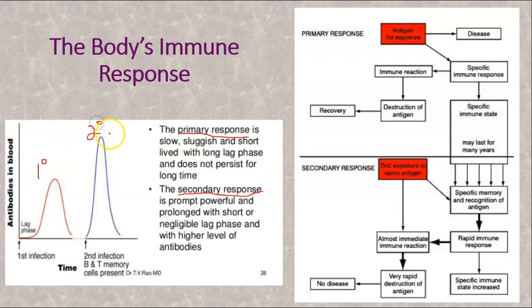Even to the right of the screen, we have primary response, secondary response. So we must recognize that natural immunity operates in two phases. Now, when an organism becomes initially infected with a pathogen, it has its first exposure.